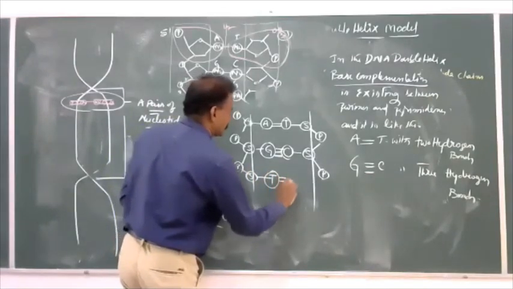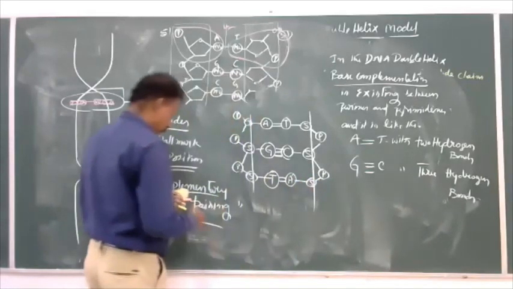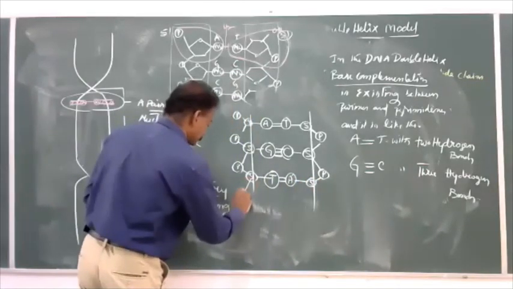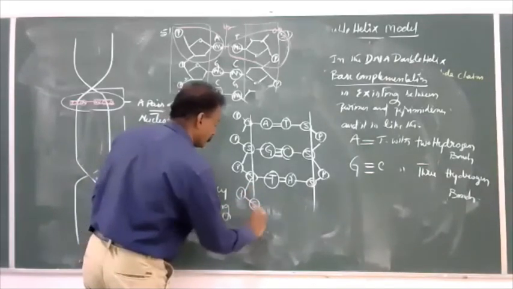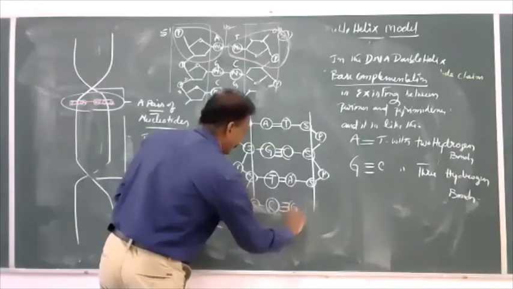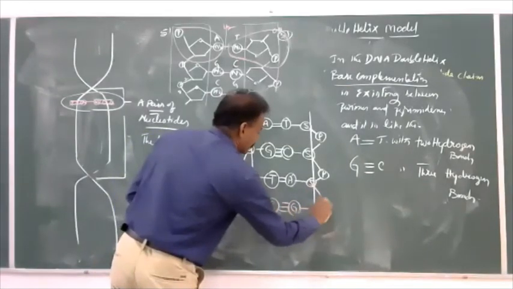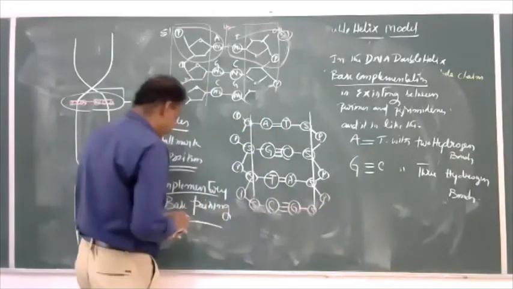Thymine always bonds with adenine, and cytosine always bonds with guanine with 3 bonds.